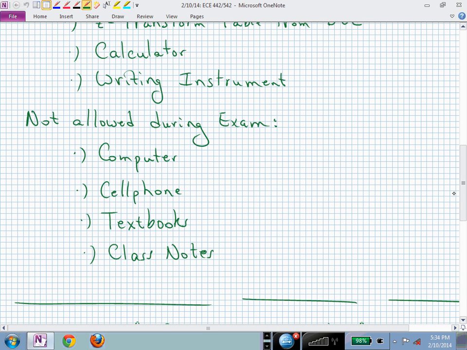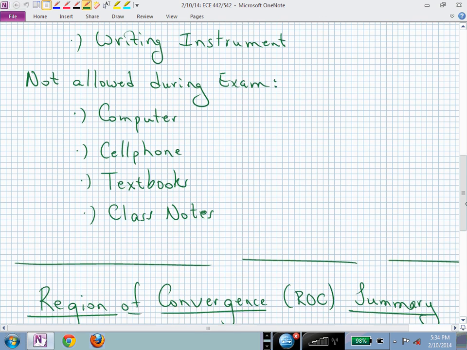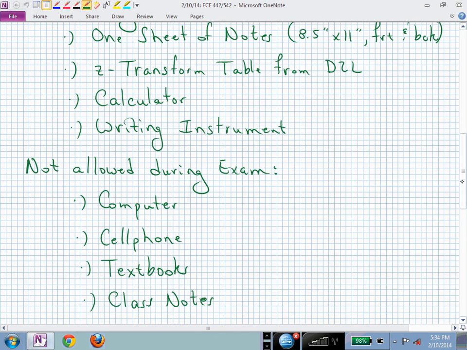And you can't bring your class notes. Whatever you can fit on that 1 piece of paper is what's allowed. Questions on the exam process? How many problems? I don't know. 4 or 5, probably. And they may have multiple parts.